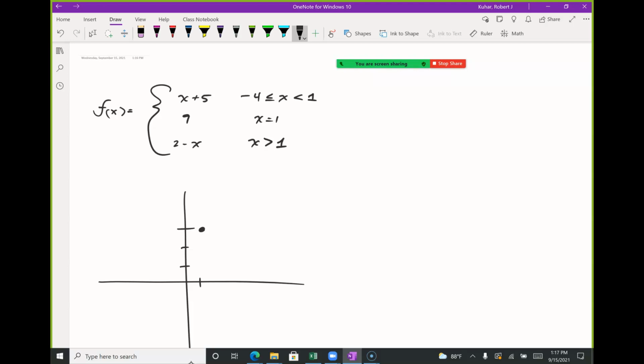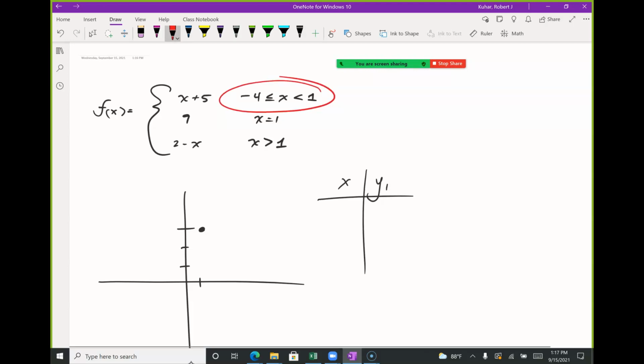I can graph y1 by picking 2 points, and usually my domain is the best way to think about which points I'm going to pick. I'm going to pick x is -4 and x is 1. I don't have to, but that's typically what I choose most of the time. So when I plug in a -4, I get a 1. When I plug in a 1, I get a 6.